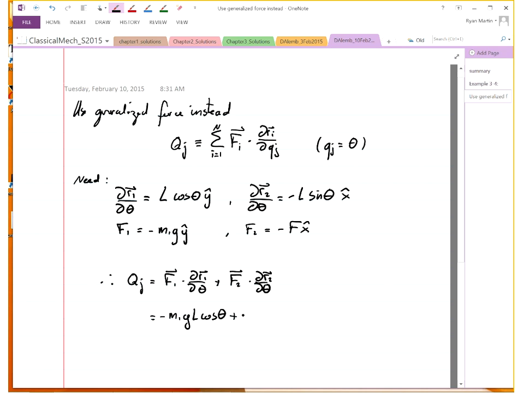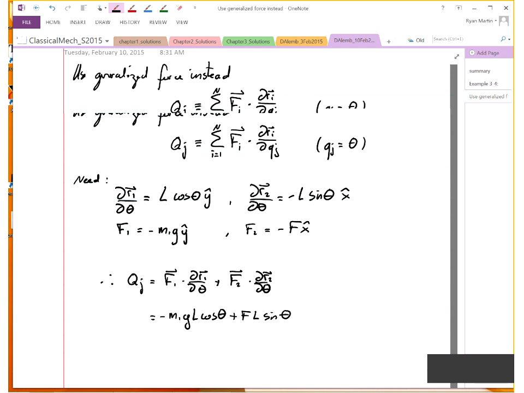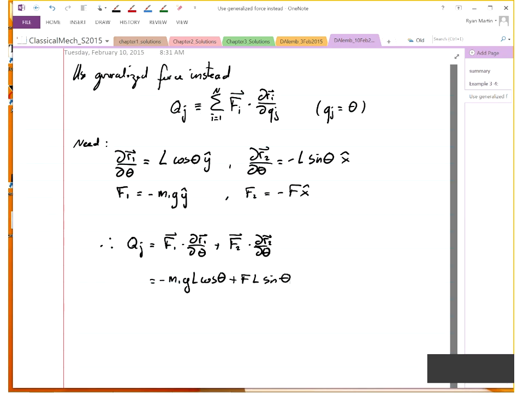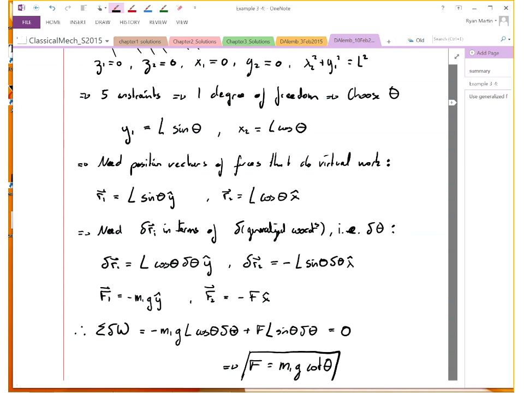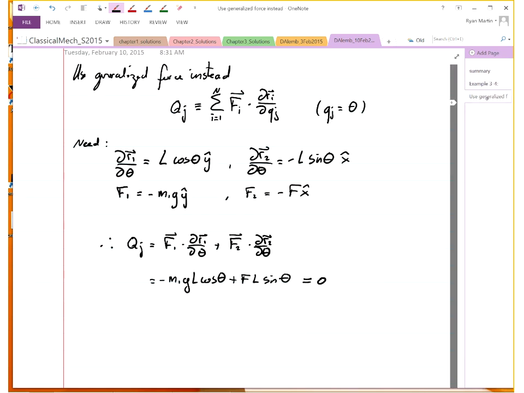And then F2, the minus signs cancel, plus F L sin θ. So this generalized force here must equal 0. And of course, almost the same equation as we had before, except there are no delta thetas. But again, the L's will cancel and you'll get F equals mg cos θ.